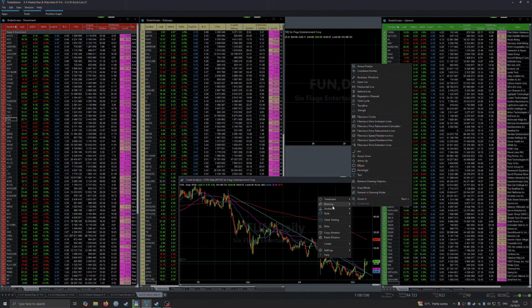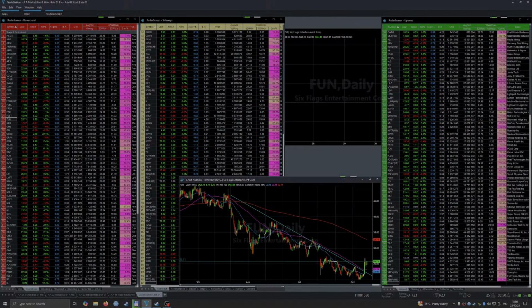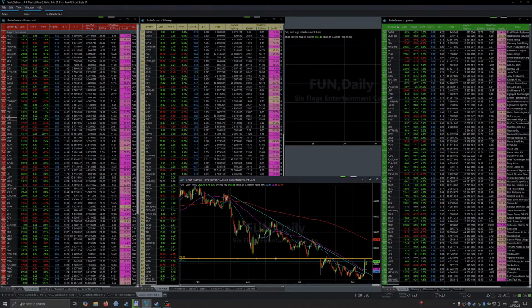So what I could do is do that. This is to remind me when I'm looking at these charts that this price point exists, and I need to take it into consideration when deciding whether to trade this stock. I like to have things jump out at me.